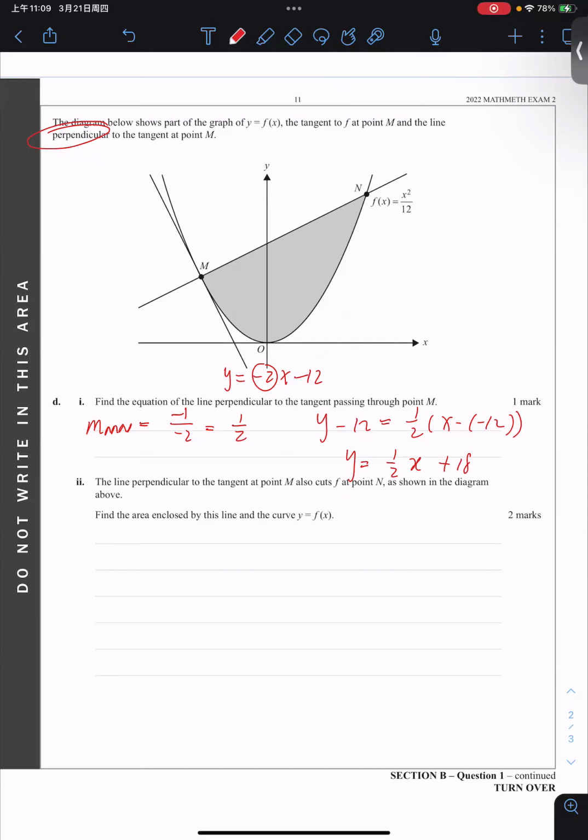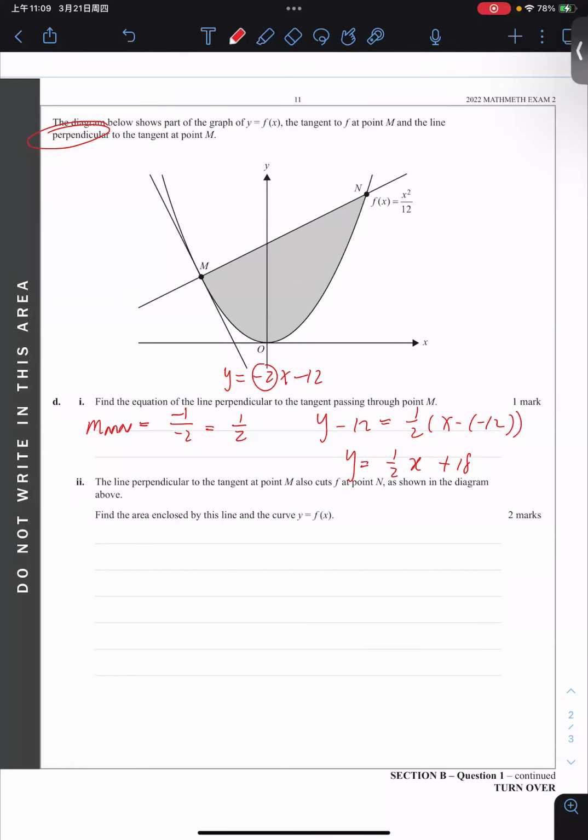So for this part, if we are looking for the shaded area, then the shaded area should always be the definite integral from the lower bound to the upper bound, and in between the interval, your top function minus the bottom function.